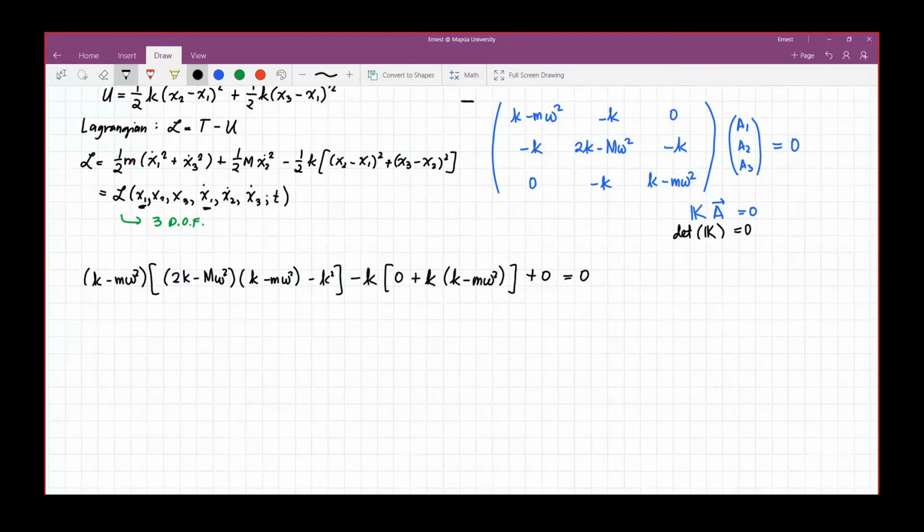Okay, so this can now be simplified further, and the simplified form would look like this.